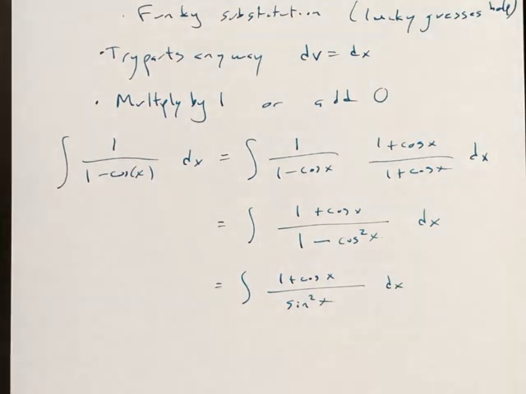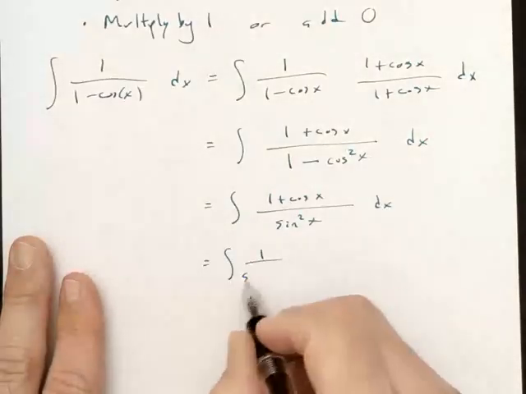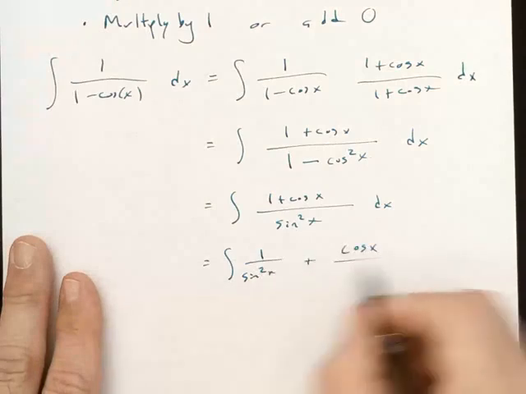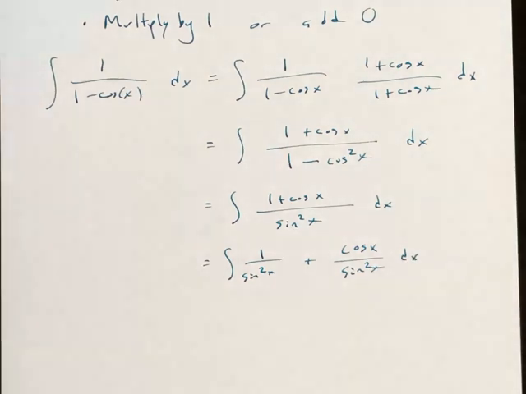But now I can see some of you saying that doesn't make it any nicer. You're right. Written like this, it isn't any nicer. But I can split this into two pieces: 1 over sine squared and cosine over sine squared. Why am I happy to see that?